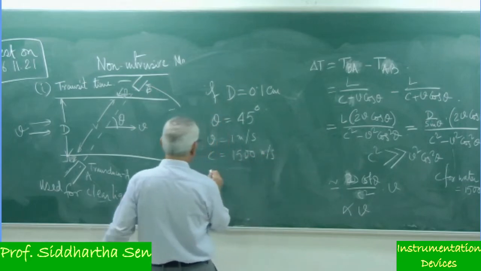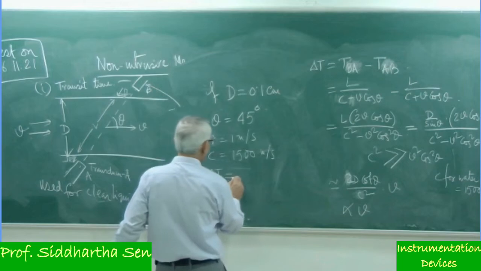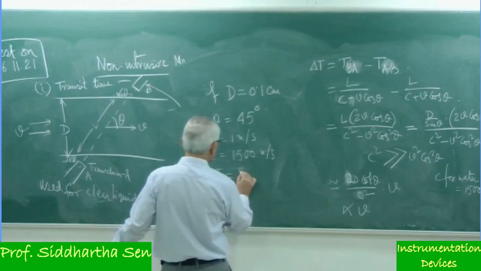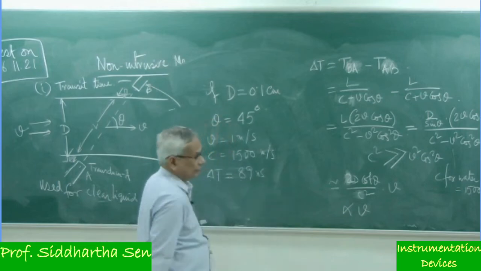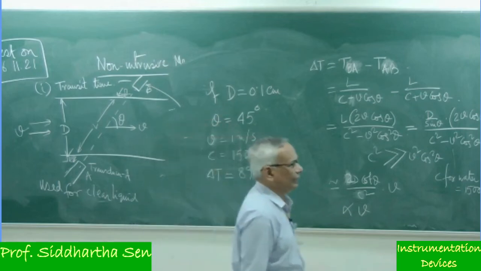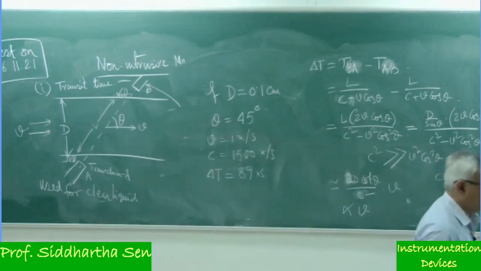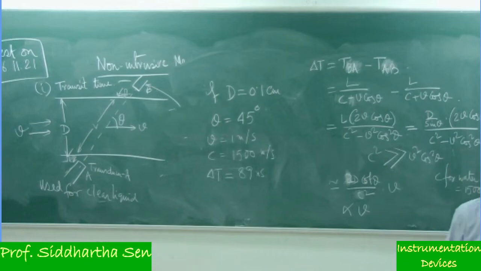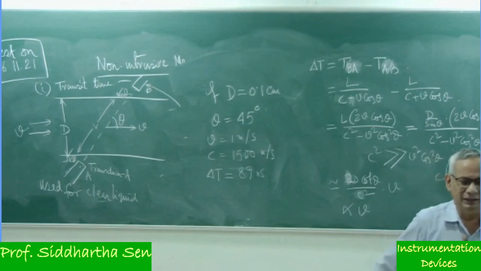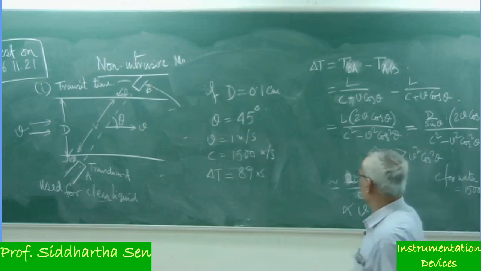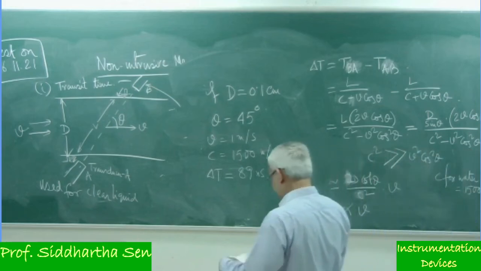Then in that case, delta T required is 89 nanosecond, mind it. We require an electronic instrument which is able to detect the time difference with nanosecond level resolution and accuracy. It is 89 nanosecond.